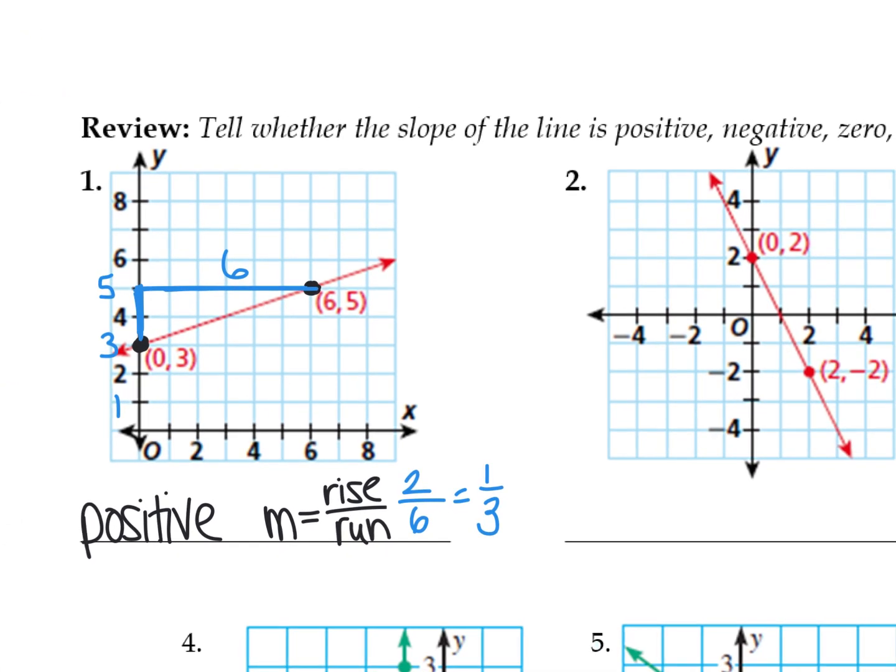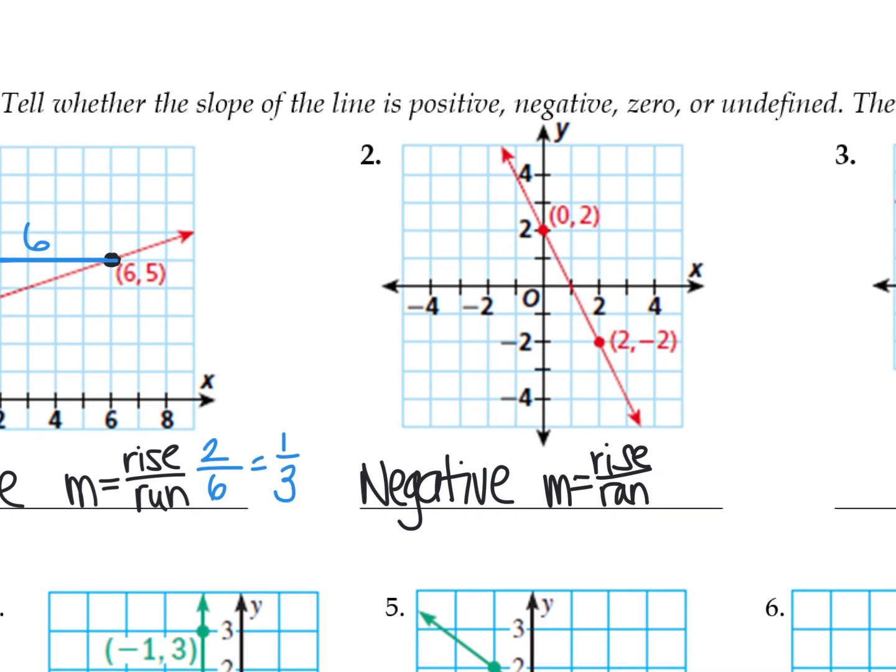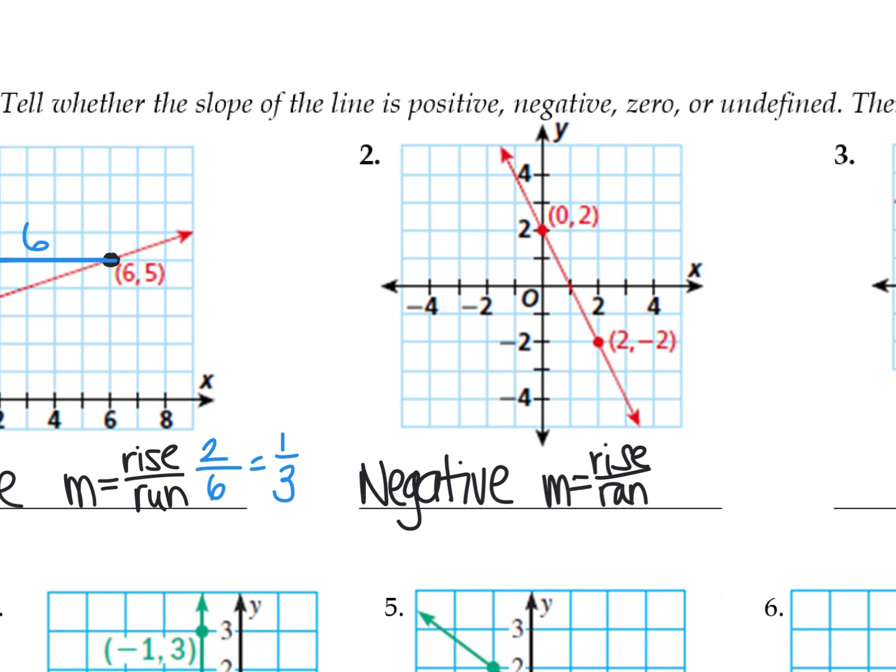For the next one, my line is going down, so that's going to be a negative slope. And if we find our rise over run, I'm going to count the boxes as I move from point to point, starting on the left.